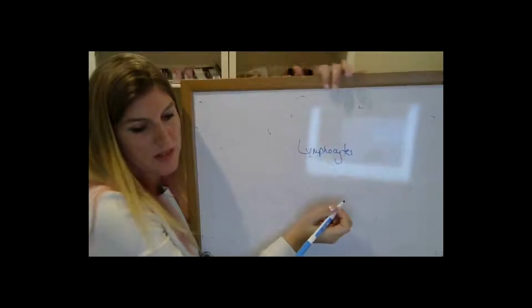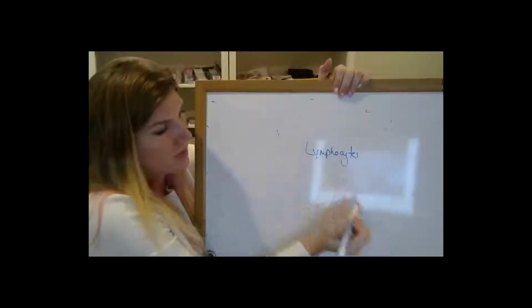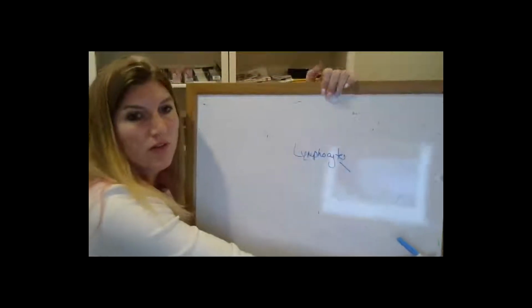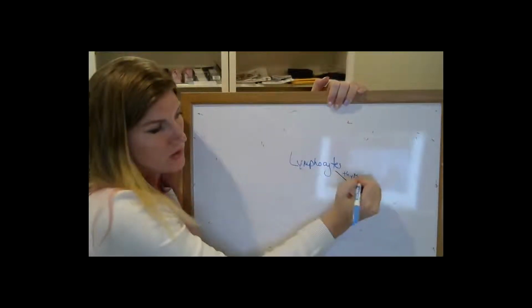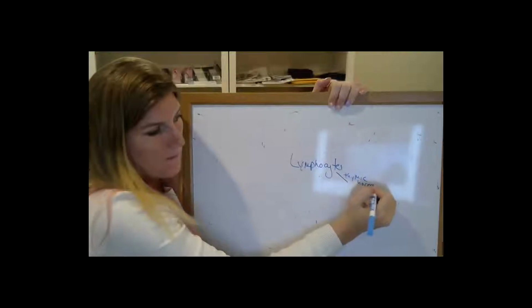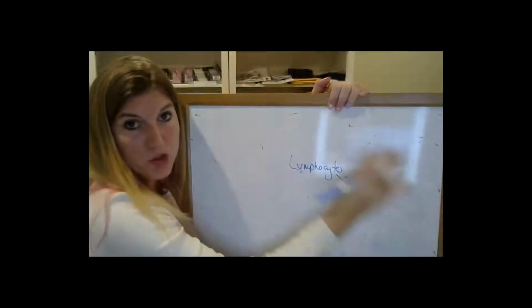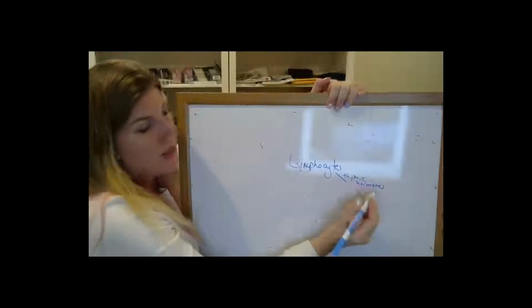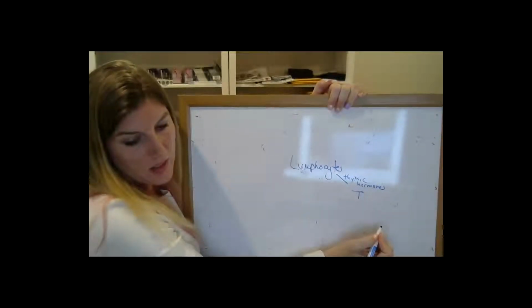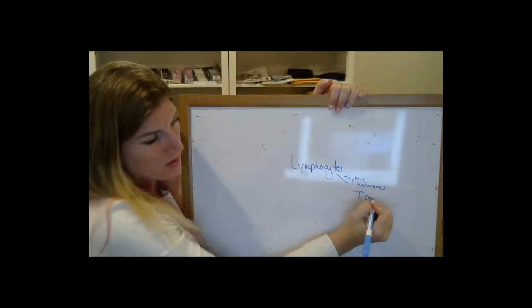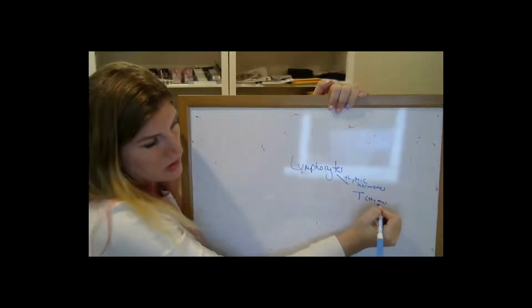So here's lymphocytes. Let's talk about T cells first. We'll draw them down here. So T cells are induced by thymic hormones. Thymic hormones drive the development of T cells. The T stands for thymus dependent.